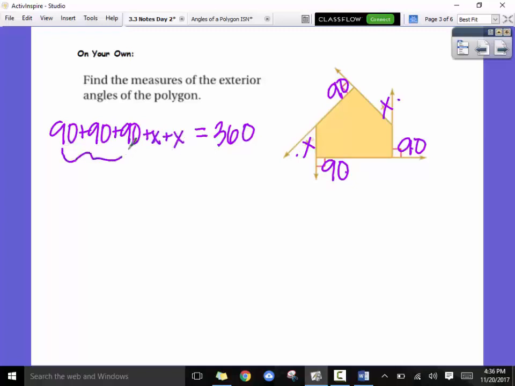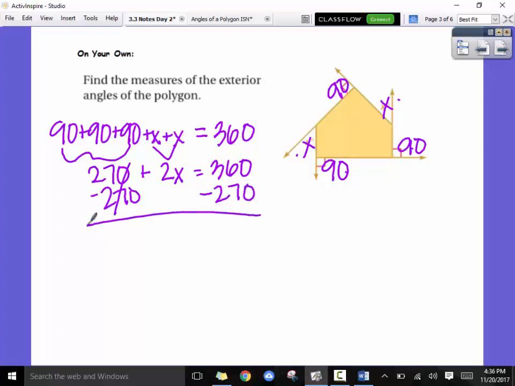So 90 plus 90 plus 90 is 270, plus x plus x is 2x, equals 360. Take away 270. And 360 take away 270 is 90, which equals 2x. Divide by 2. So x equals 45.